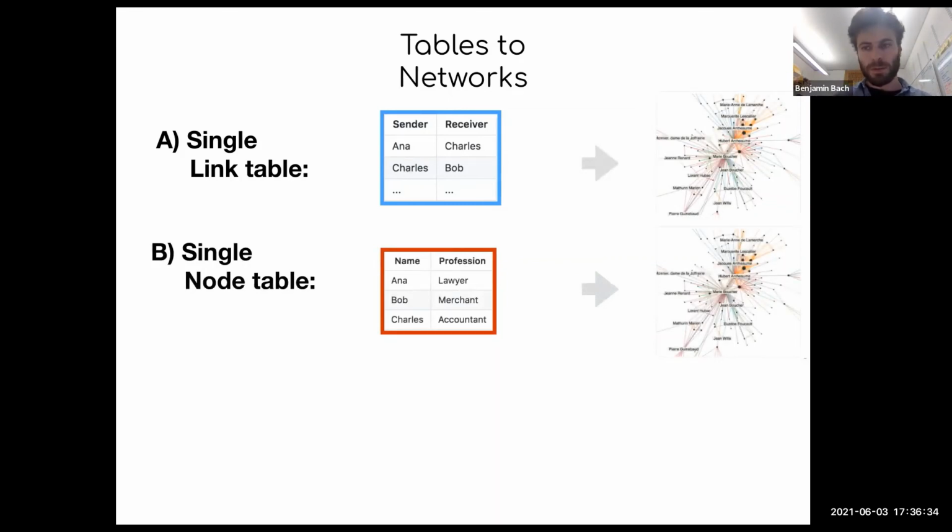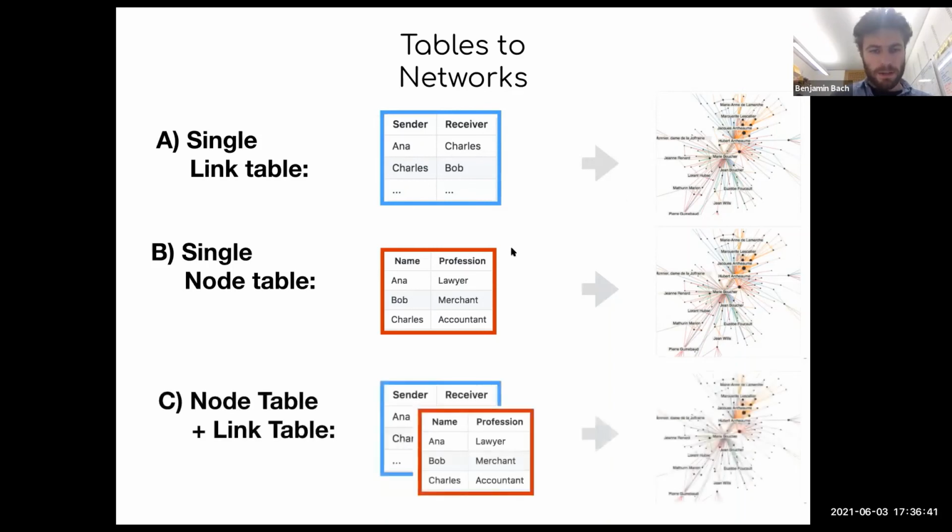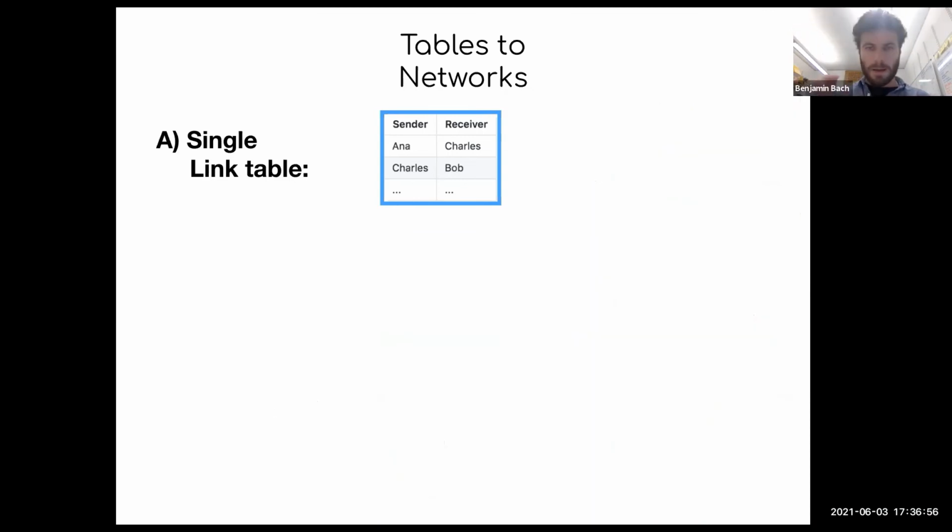For example, I'll show you later how that works. And you can create a network out of such a node table. And eventually you can combine those two: in my link table, I store attributes about my links like time and type, and in my node table, I store attributes about my nodes, such as node type or position, and so on and so on.